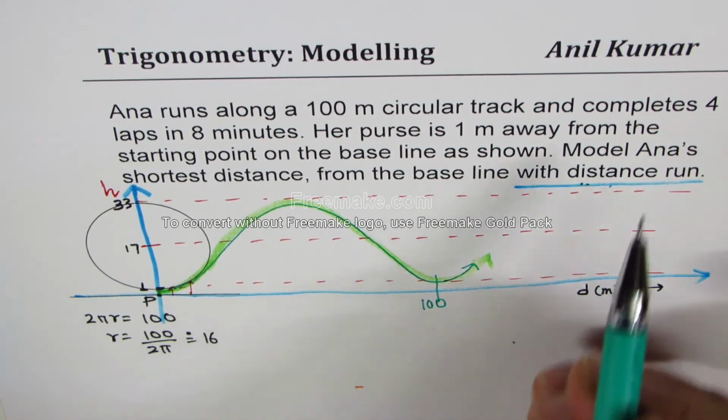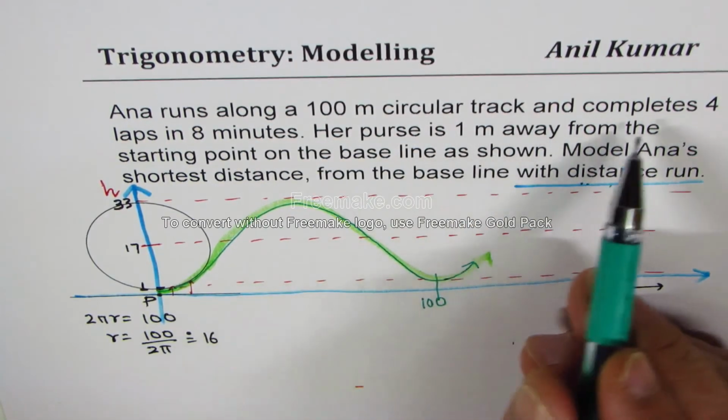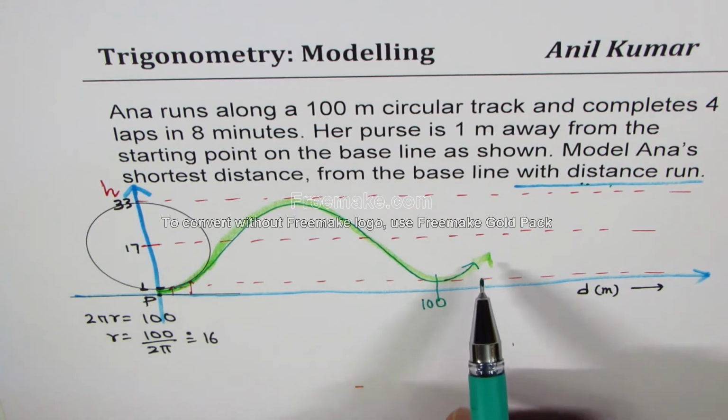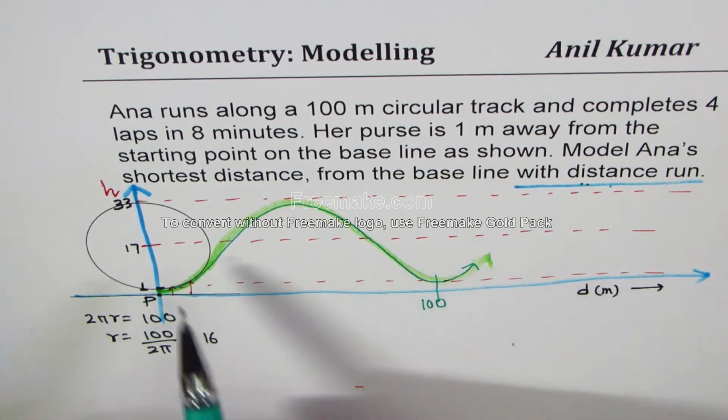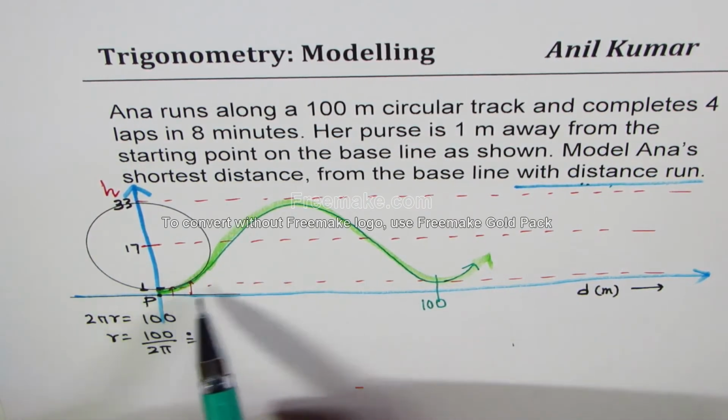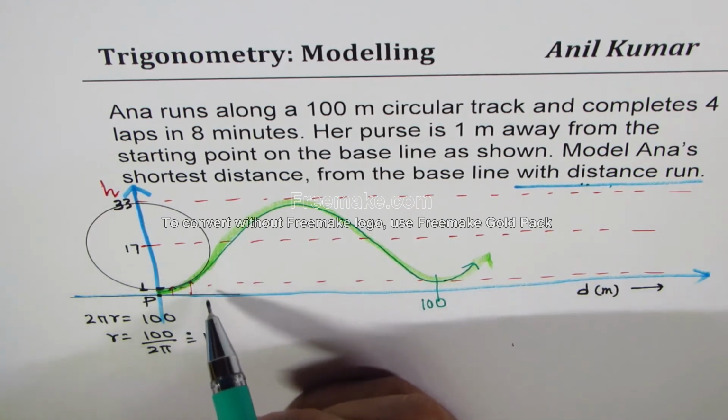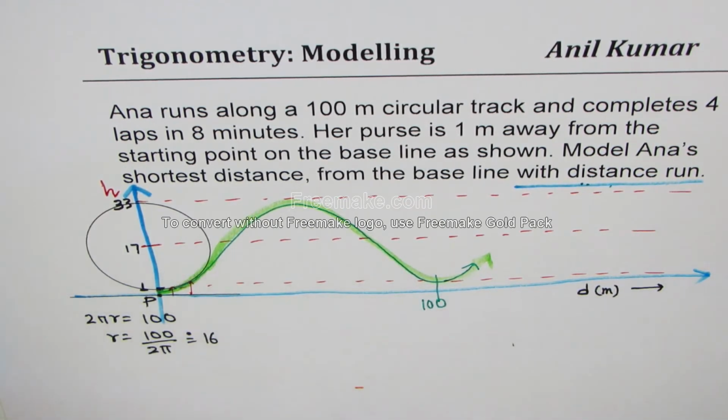So we are not talking about time now, how much time she takes to run. We are talking about how much distance she runs, and then we'll try to figure out the height. That is how this question is very different from what we did earlier. Perfect? Okay.